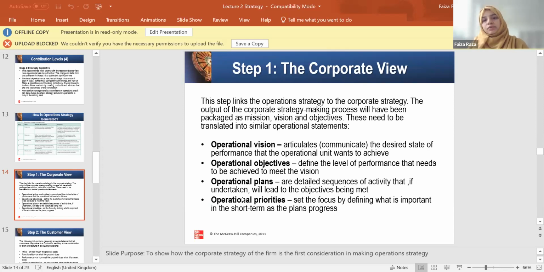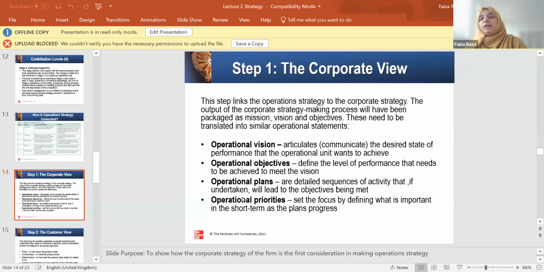These need to be translated into similar operational statements. The operational vision articulates and communicates the desired state of performance that the operational unit wants to achieve. Operational objectives define the level of performance that needs to be achieved to meet the vision.